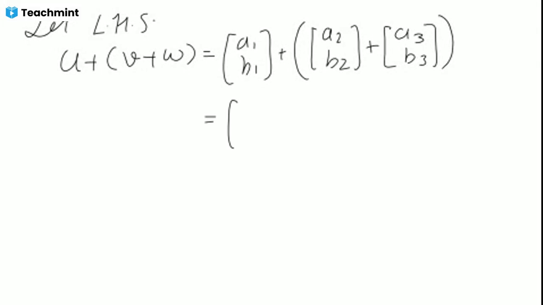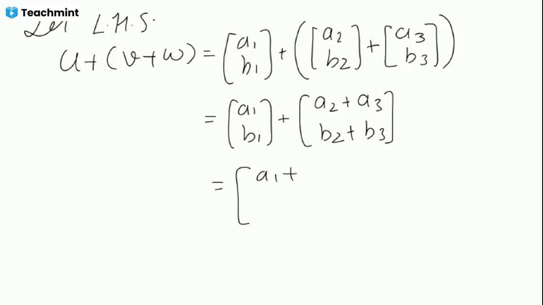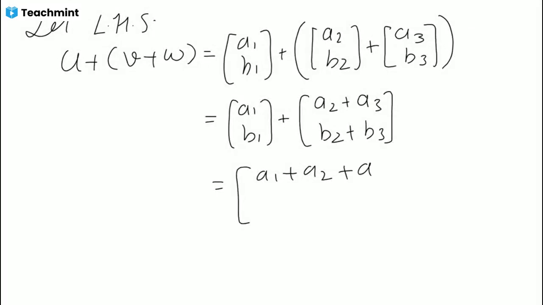We have A1 B1 here, and the sum of these two gives A2 plus A3 and B2 plus B3. Now let us add these both also. So the result is A1 plus A2 plus A3 and B1 plus B2 plus B3.